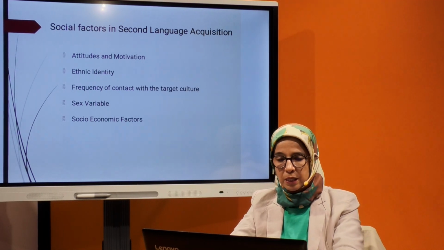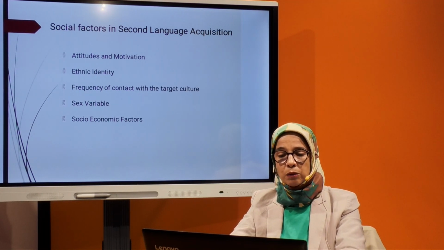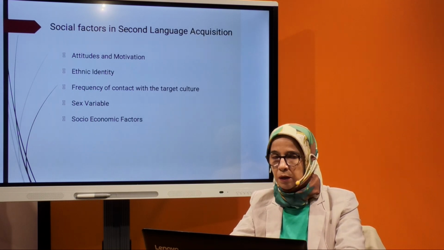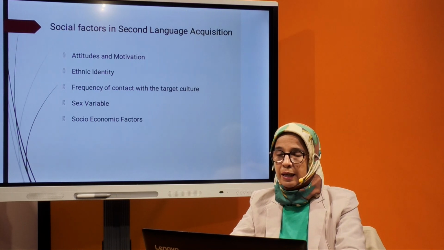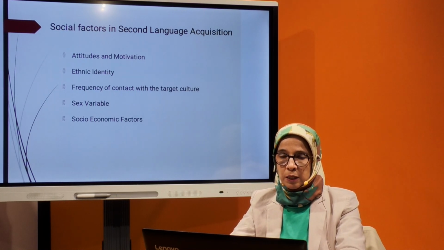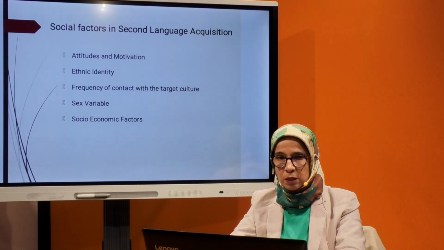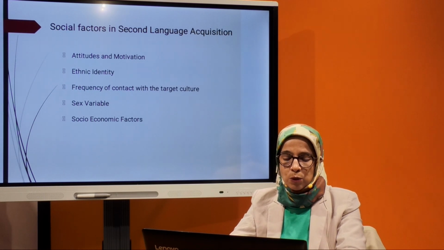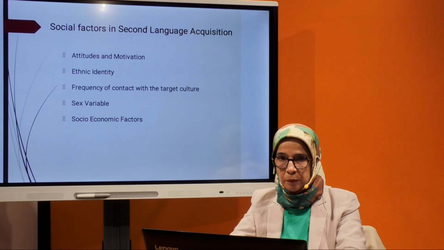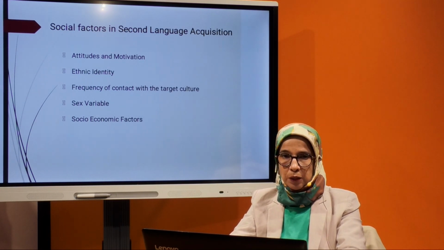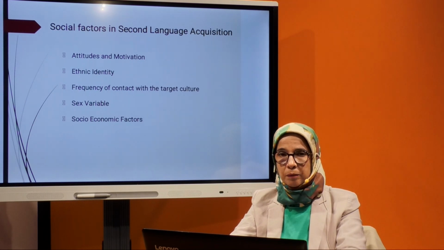So just to summarize this point concerning the frequency of contact with the target culture, it is generally assumed in the literature that the more you get into direct contact with the target language community, the more successful you will be, but those who do not have that opportunity are less successful.